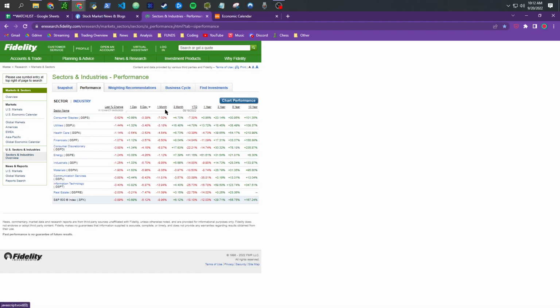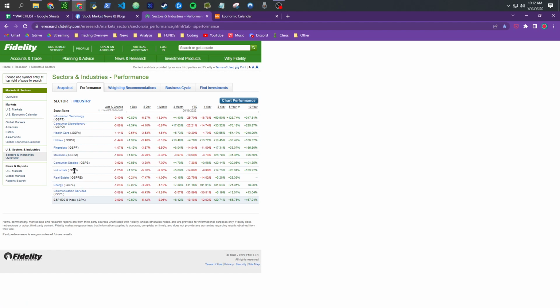But yeah, you can go out 5 day, 1 month, or you can sort by that rather, and it shows you the relative performance. Yeah. So a lot of people have been saying, energy, it's time for a pullback. Energy is overvalued. Energy's gone too far. Blah blah blah. Look at the performance from energy. 3 years starting to look good.